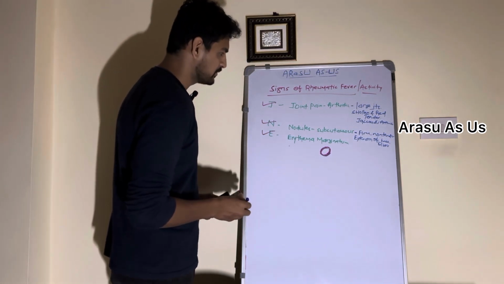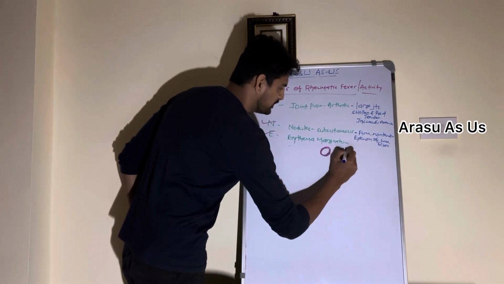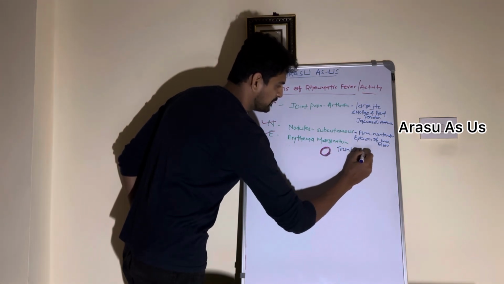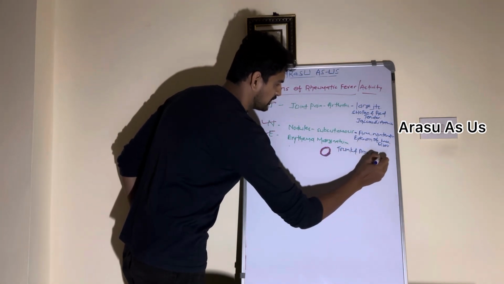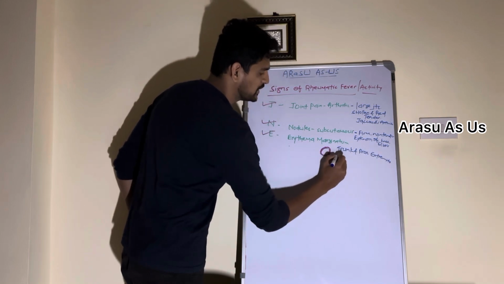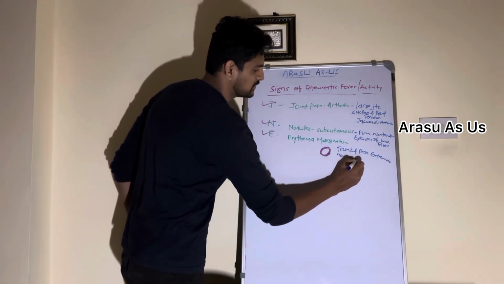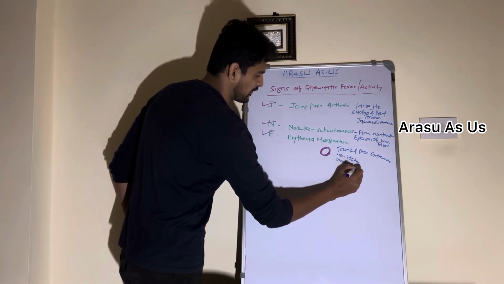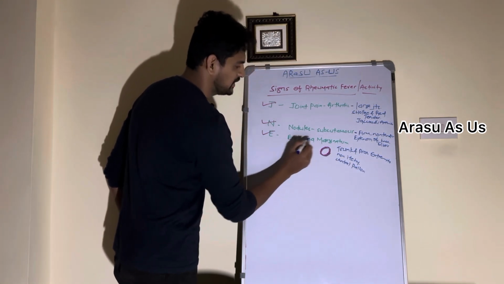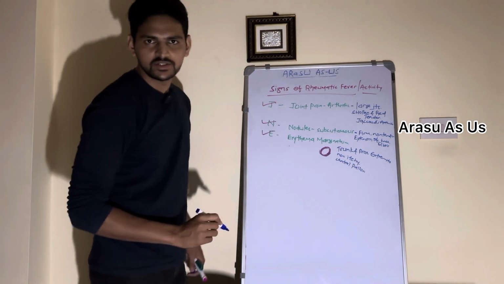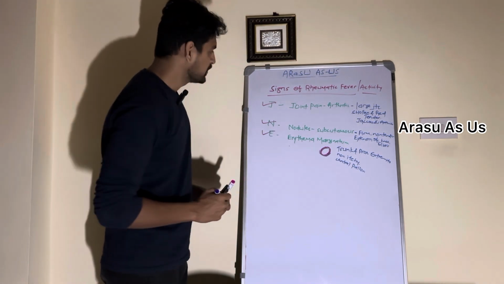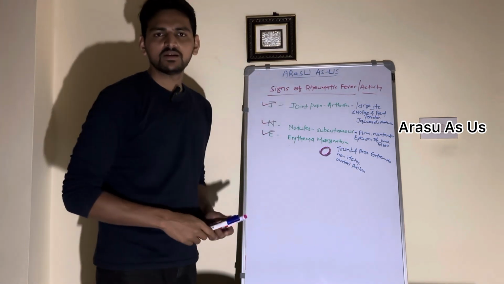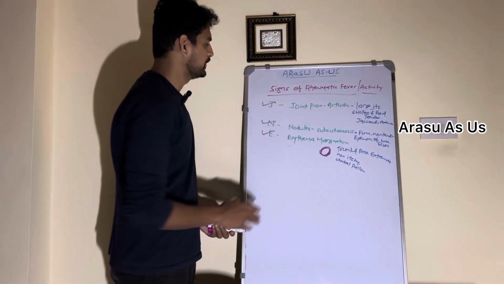So the site of distribution will be trunk and proximal extremities. These will be non-itchy. Lesions will not cause itching, and there will be central pallor. That's why the name erythema marginatum. The margin will be reddish in color. So if these are present, we can consider it as a sign of rheumatic activity.